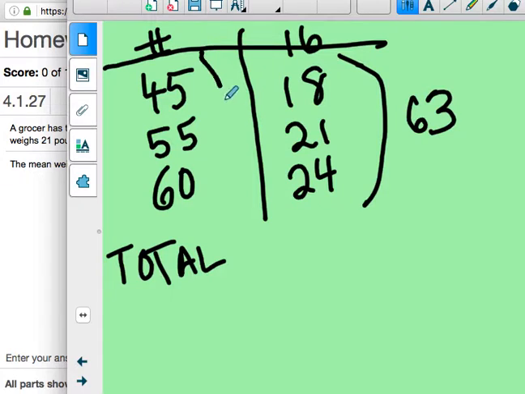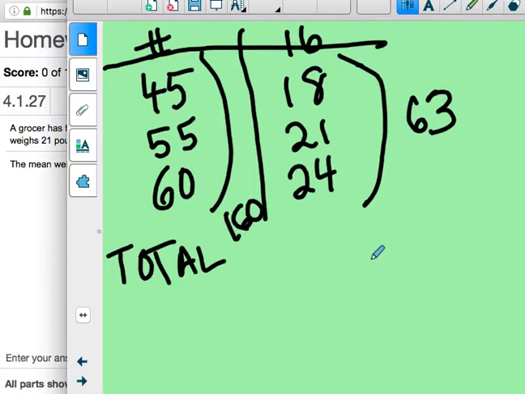And then we could add up how many peaches. So we've got 45 plus 55 plus 60. That's going to give me a total of 160 peaches. So 63 pounds for 160 peaches. Be careful that you divide the right way.